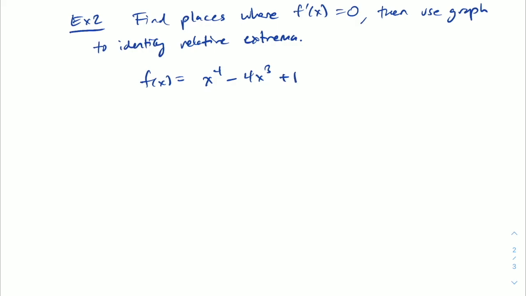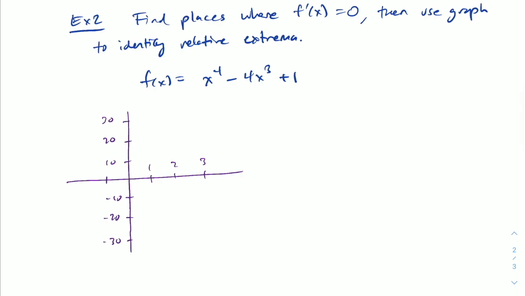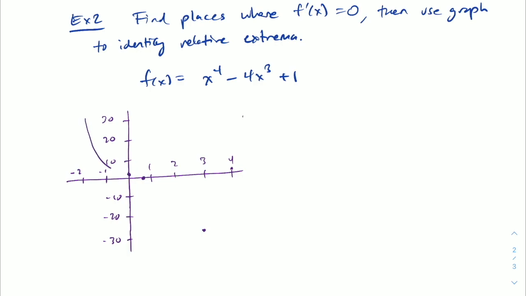So let me start by drawing our function here. The function passes through here, here, here, and here. So it looks something like this.